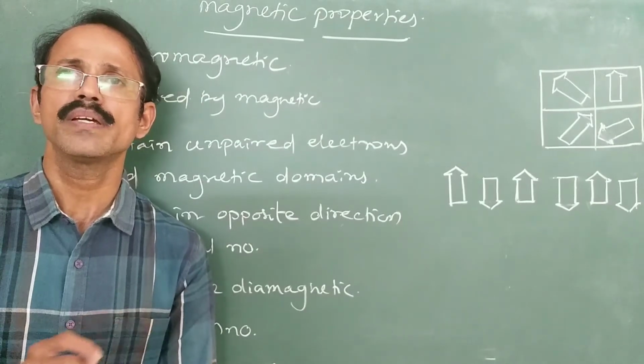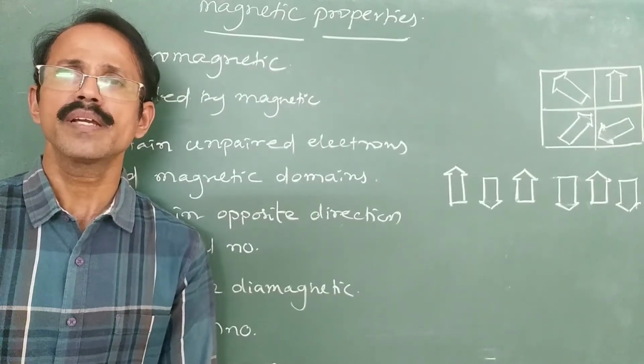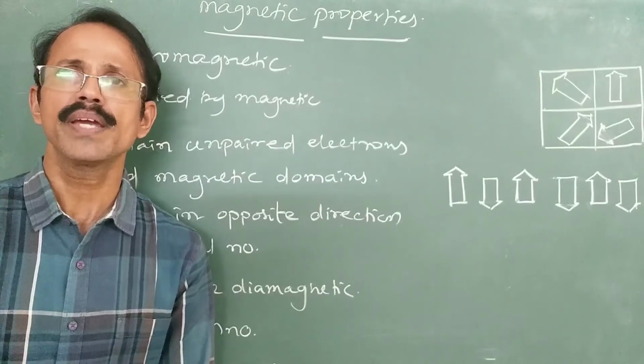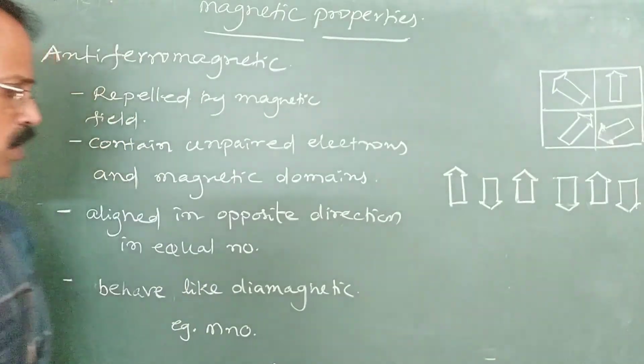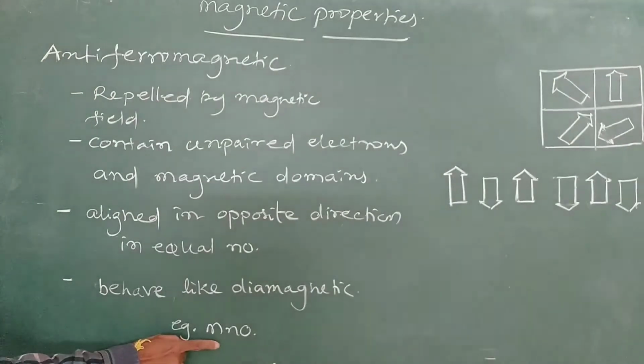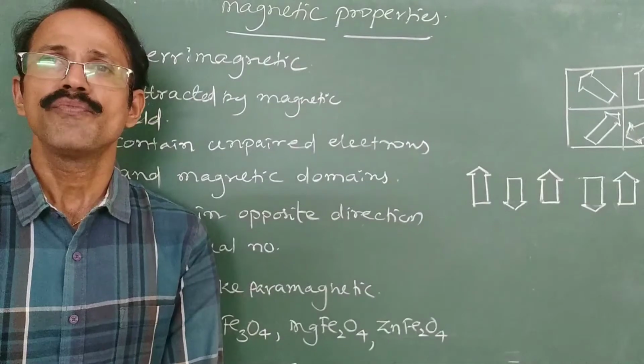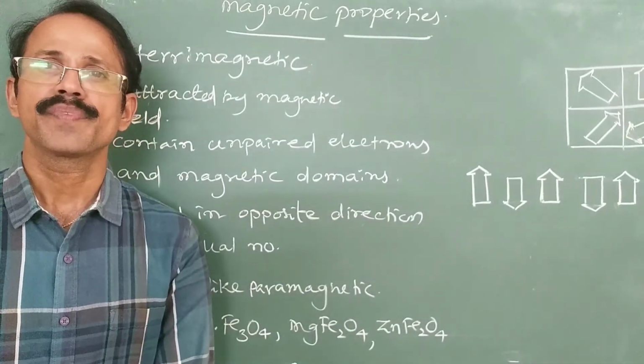That is why there is no resultant magnetic moment, and they behave like diamagnetic substances. Coming to the examples, manganese oxide or MnO.